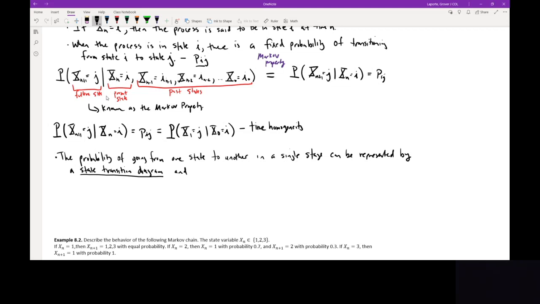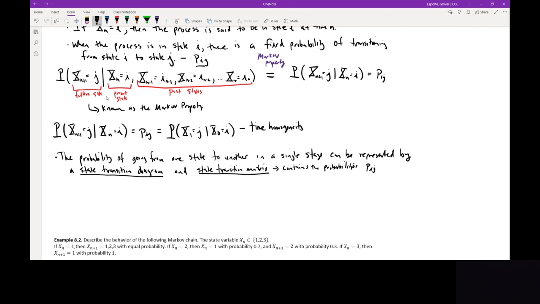A state transition matrix contains the probabilities that we talked about earlier, p sub ij. So if you're trying to figure out what's the probability that I go from i to j, well, this state transition matrix will contain those probabilities.